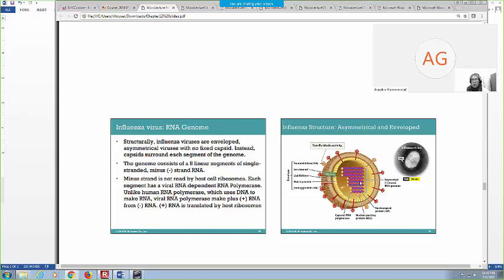Okay, so what's special about RNA? Why is it less stable than DNA? It has to do with the polymerase. Our own cells have RNA polymerase, which some viruses do use, and in the case of influenza, it has its own RNA polymerase. The RNA polymerase, though, is very different from the DNA polymerase.